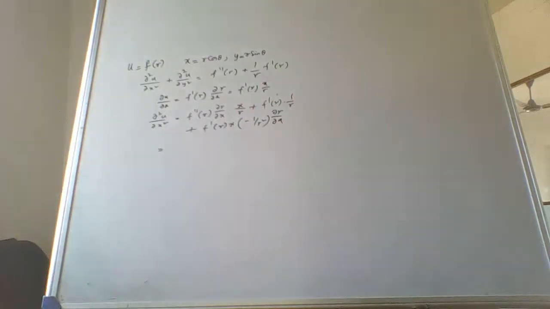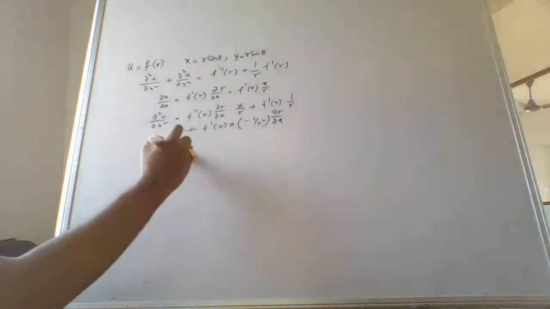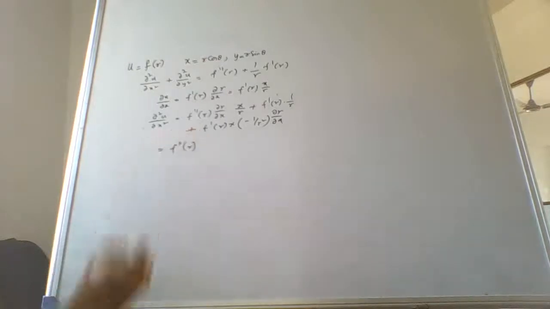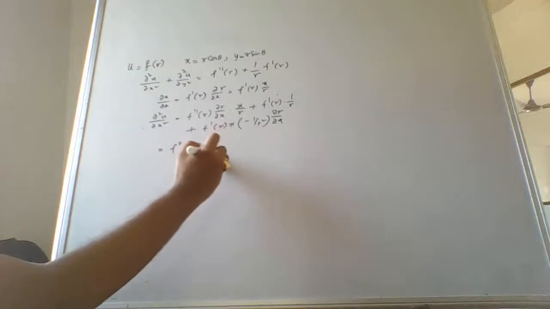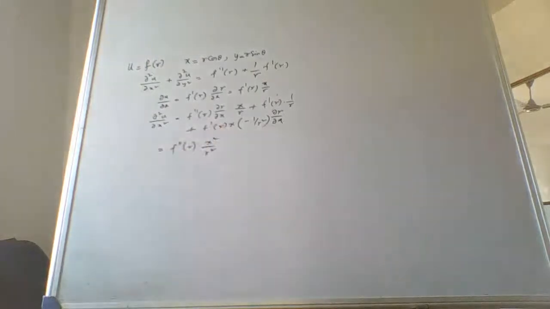I hope you understood how to do this. If you have any queries, you can please send an email, or you can comment right here if you have not understood the step. Let us try to simplify it further. This is f double dash of r, and this will be x square by r square, because dou r by dou x is substituted as x by r.